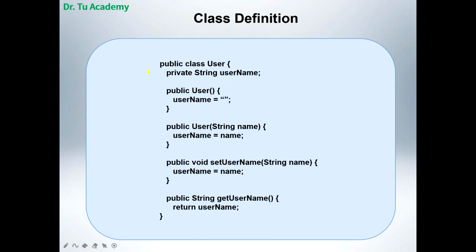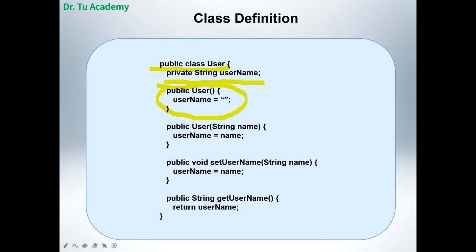Here's the class definition code. We define a class called user. So we have the username. This is the class constructor.